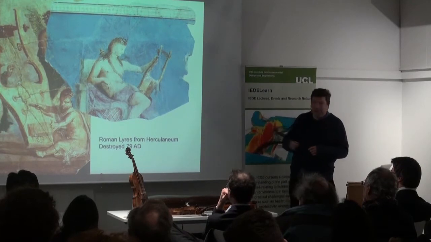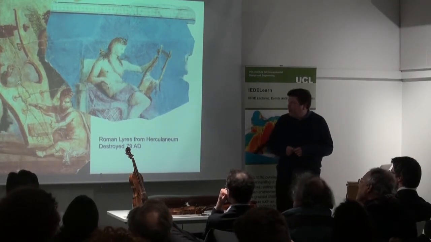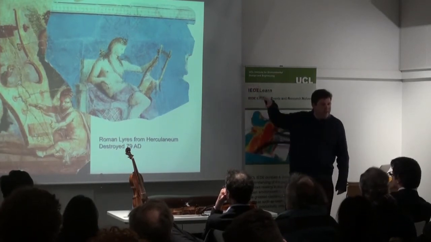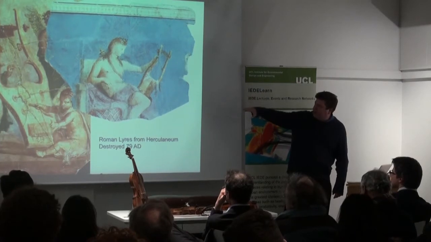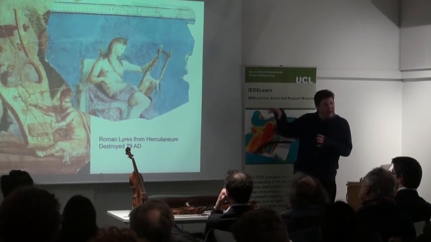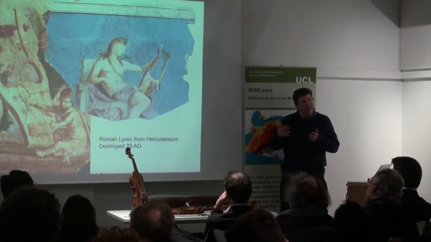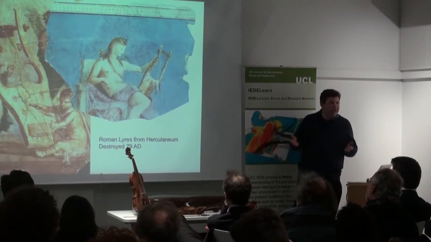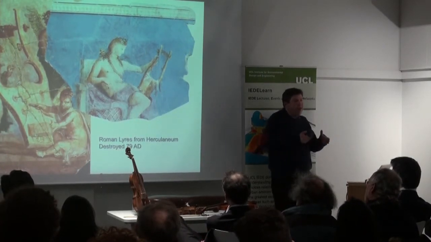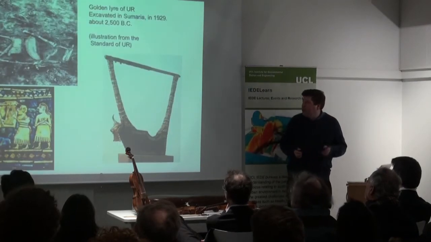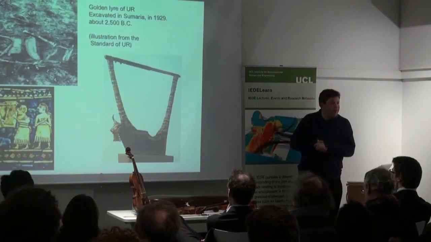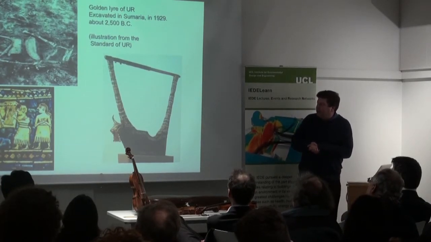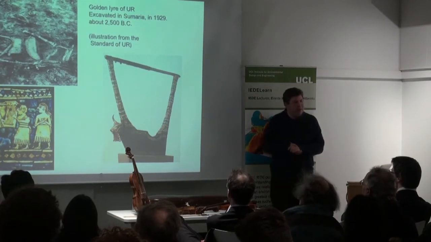We can go to frescoes from Herculaneum and Pompeii, and you see very consistently when you see lyres, you see a different coloration in the painting for the sides than you can for the top, and that just gels into this idea that a Roman lyre in when our year 0 AD is still going along the same ideas, and you can go even further because from 2500 BC from Sumeria, the golden lyre of Ur has got exactly the same ideas behind that.